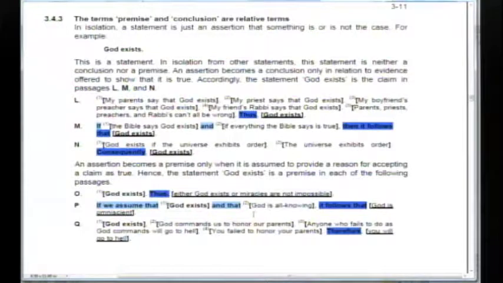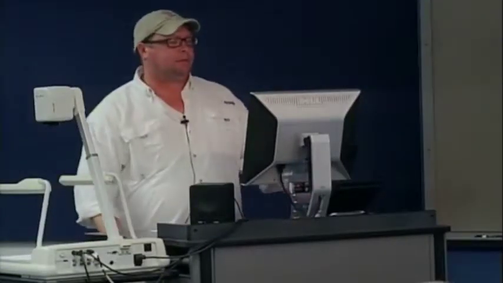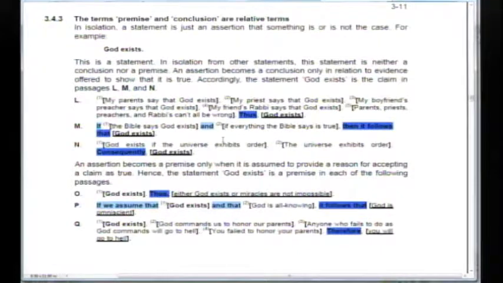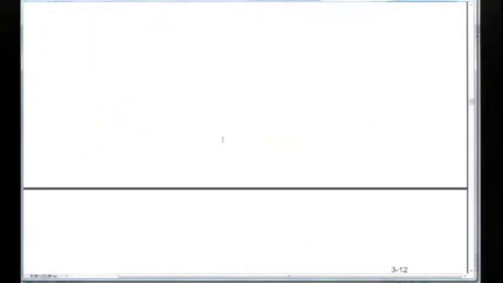In fact, this happens often. So no statement is ever always a conclusion or a premise. So in the examples here, in L, M, and N, the statement God exists is the conclusion. In O, P, and Q, the statement God exists is a premise. So a premise and conclusion are relative terms, only in relation to other statements in a set that asserts an argument.